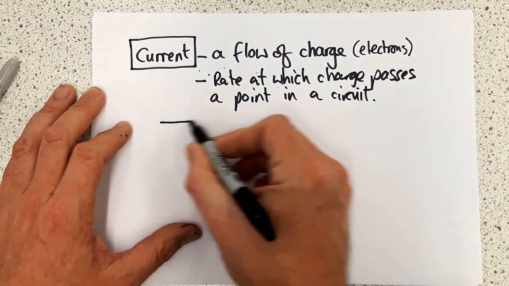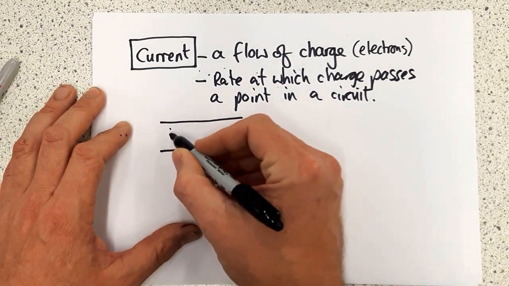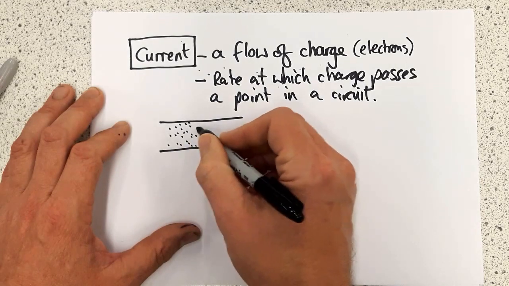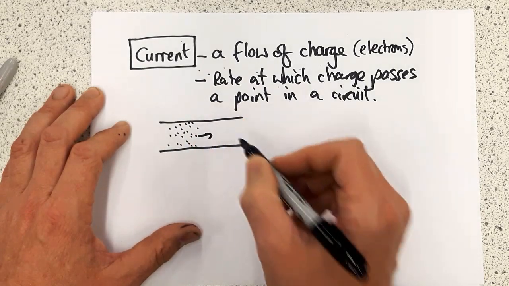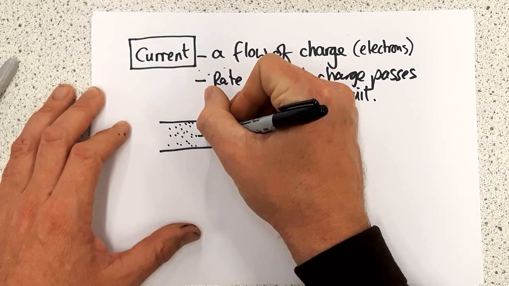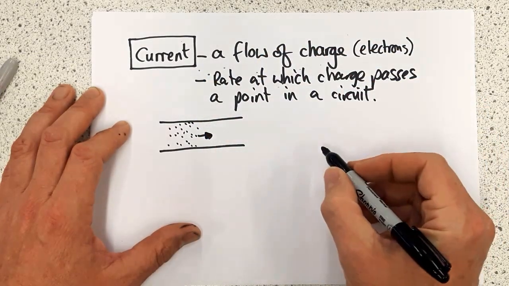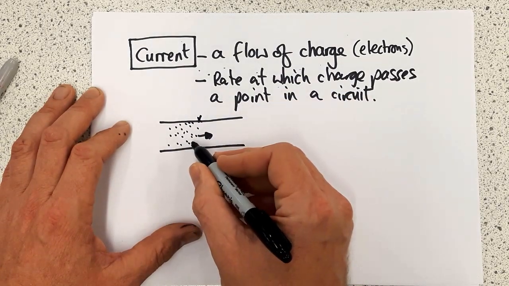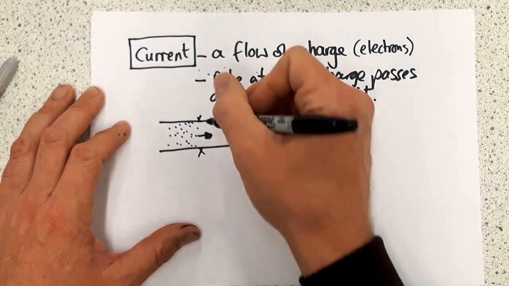So just as an example, if I have a conductor here, and these are my electrons all flowing past, then you can think of the current as a measurement of how many pass this point every second, or how much charge passes a fixed point every second.